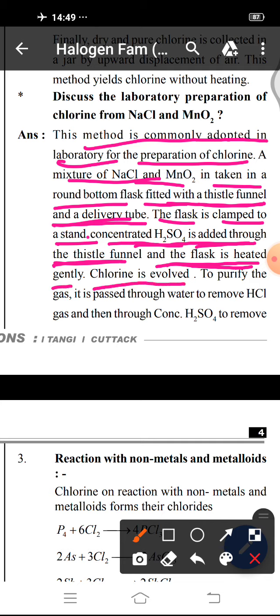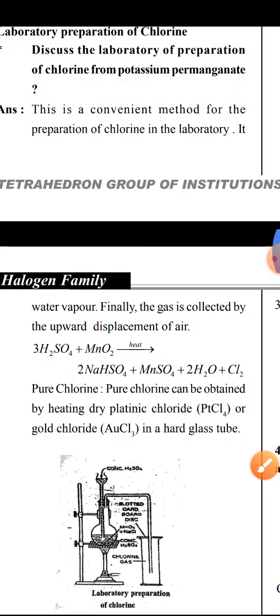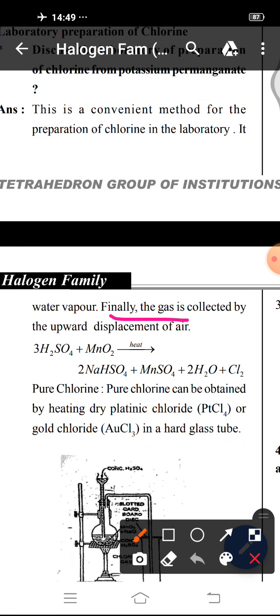This chlorine gas is purified by passing over water to remove HCl and then through concentrated H2SO4 to remove water vapor. Finally, the gas is collected by upward displacement of air, since chlorine is heavier than air. So in the first case, chlorine gas is prepared without heating, and in the second case, chlorine gas is prepared with heating.